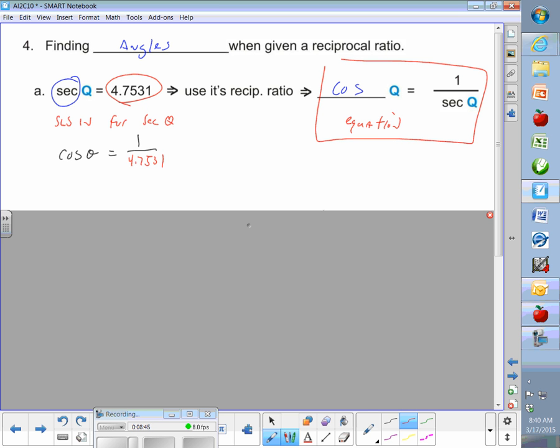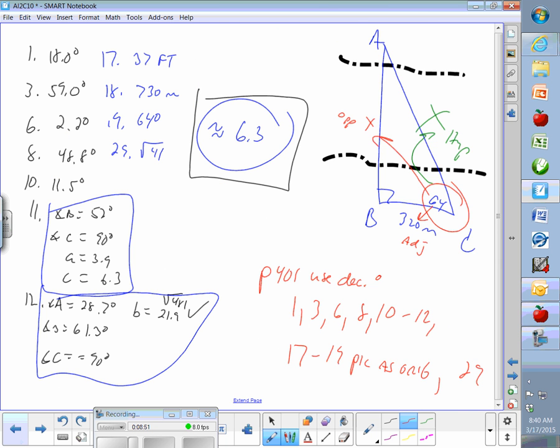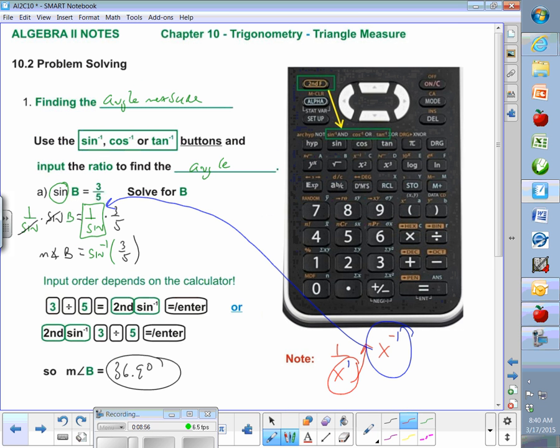Okay, at this point, if you'll just pause for a moment, let me go back to something. Let's go way back in the past, not too far back. Okay, finding the angle measure. Focus your attention right here. This is similar to where we're at right now.